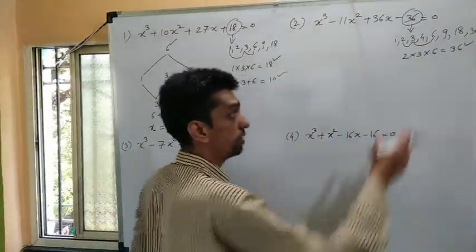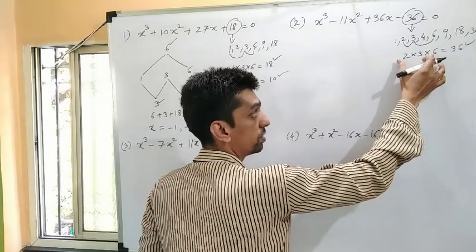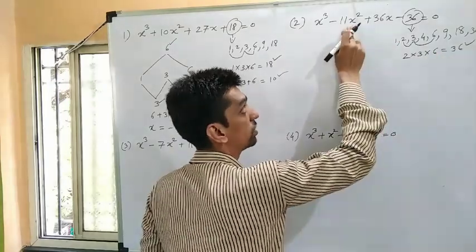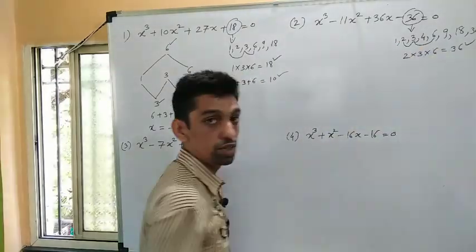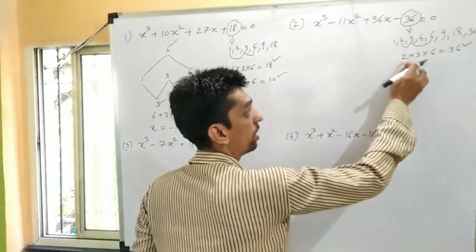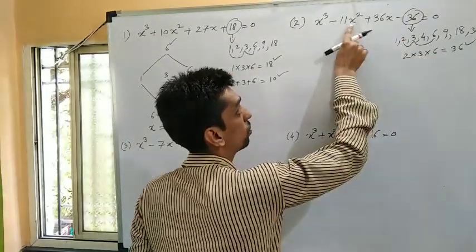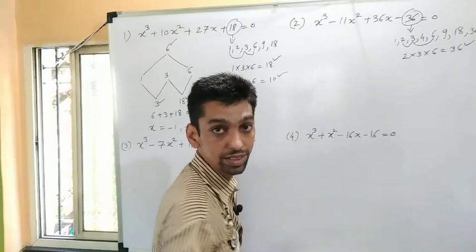The second condition is, along with the same 3 numbers, we have to apply some combination in such a way that its addition or subtraction must be the coefficient of x square, that is minus 11.